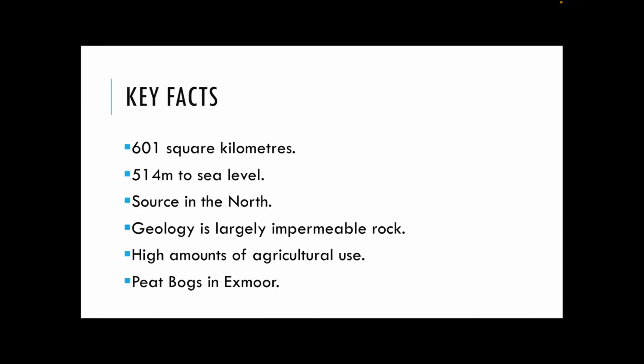Some key facts about it. It is 600 square kilometres in terms of the area that is drained by the River Exe. And its highest point is 540 metres above sea level, and it goes obviously right down to sea level in the south. And the source, as I said, is in the north, up on Exmoor. The geology of the area is largely impermeable rock.